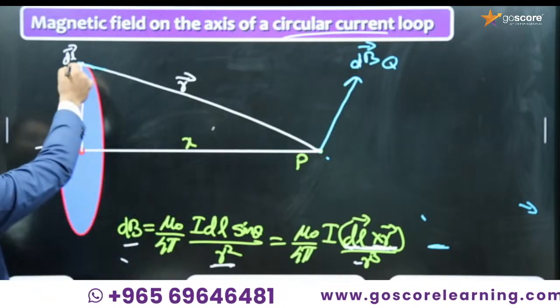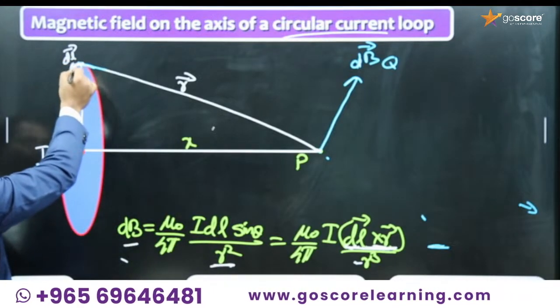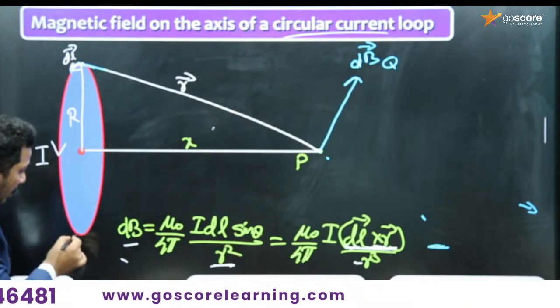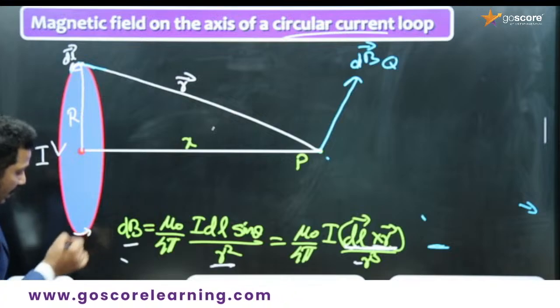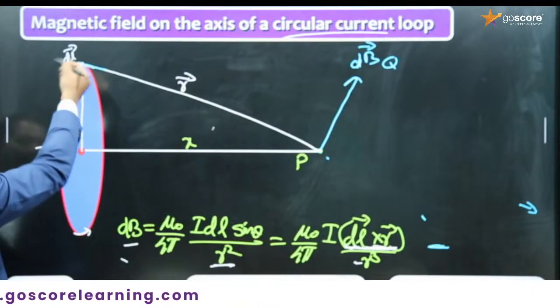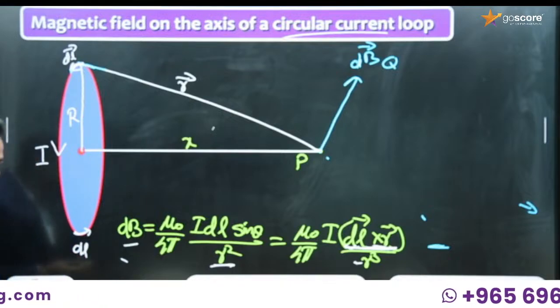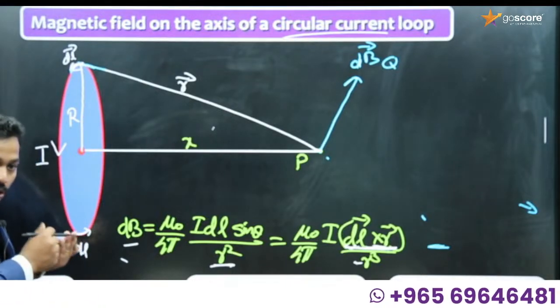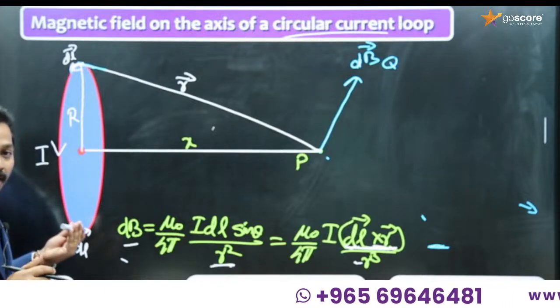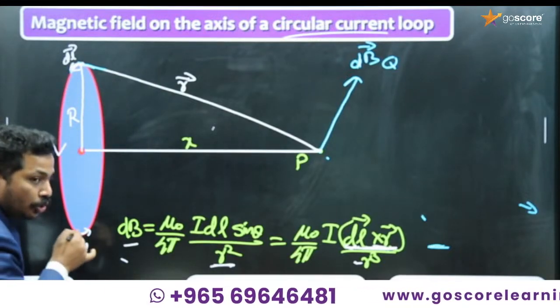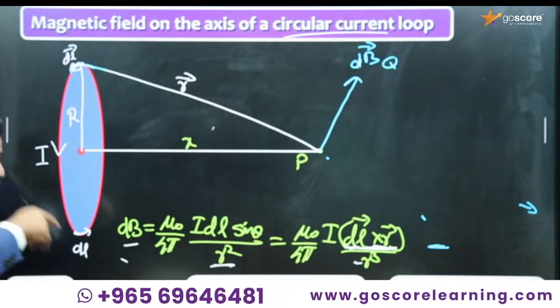Okay, so we can move back to the diagram. Here I have considered a current element dl at the top point of the circular loop. Consider a diametrically opposite current element dl over here. Since it is a circular loop, here the direction of current is into the plane, which is the opposite direction.